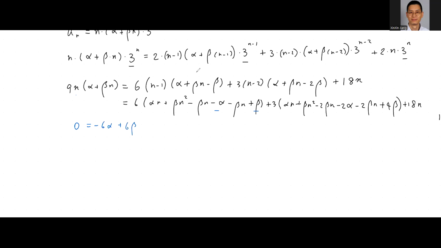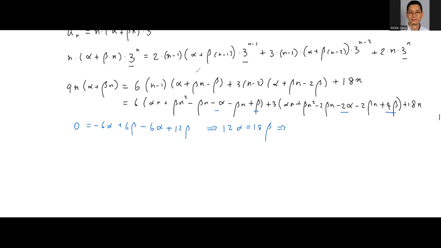And then this one doesn't have n. Minus 6 alpha plus 12 beta. Okay, you can simplify it. Negative 12 alpha. I'm going to move this to the other side. You have 12 alpha equals 18 beta.